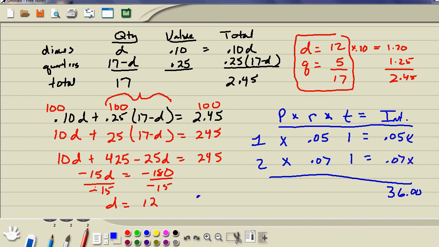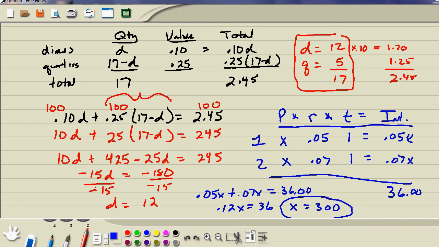And then if I add those 2 together, that has to equal $36, and I can find out how much my investment is. 0.05 plus 0.07 is 0.12x, equals 36. I'm going to drop the .00 for a second. 36 divided by 0.12, and it comes out to be X equals $300. Okay, so I invested $300 into each of those accounts.